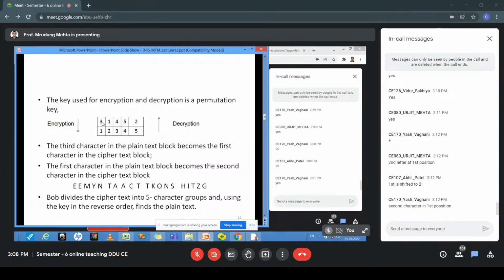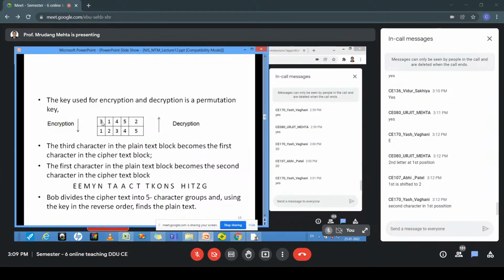Which second letter is at first position. Second letter is at first position. First is shifted to 2.